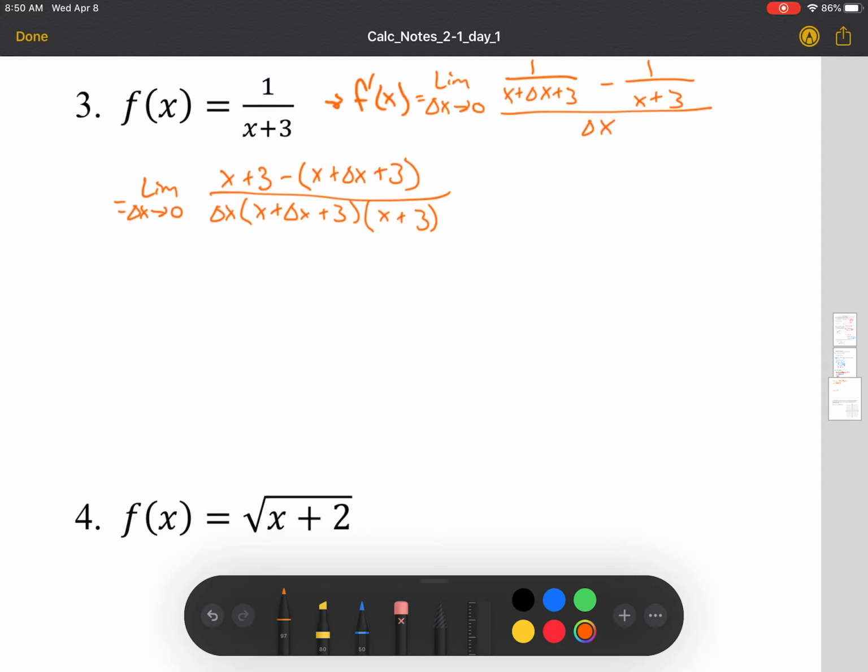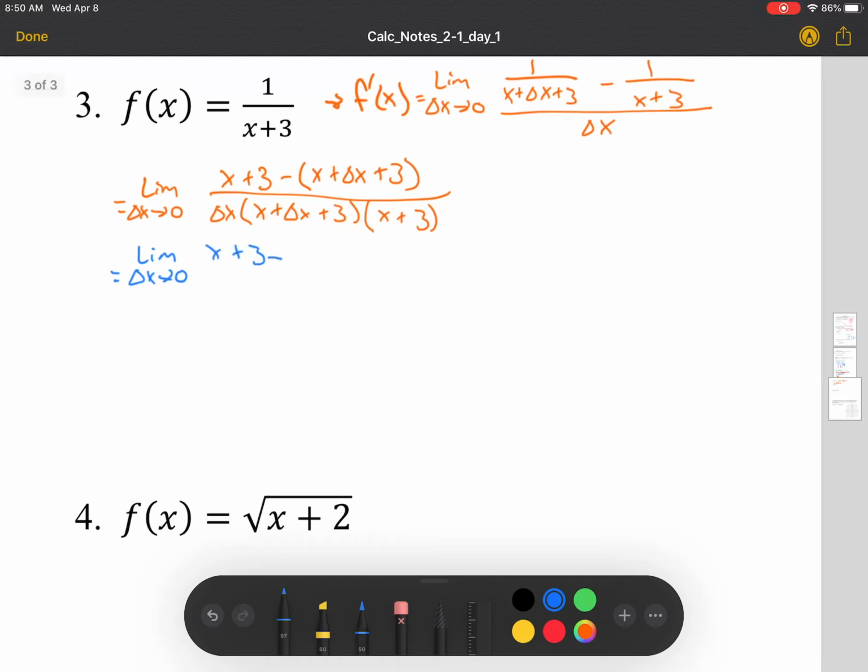So from here, we're going to expand it one more time. Change colors up. We're going to make this into an x plus 3 minus x plus delta x plus 3. Oh, nope. Write the same line over again.